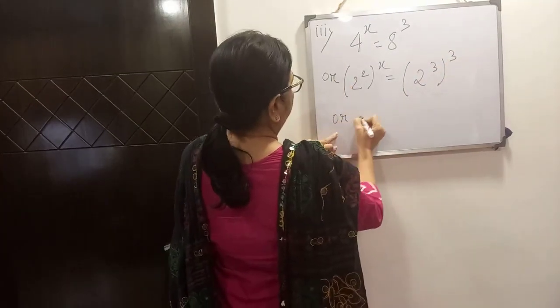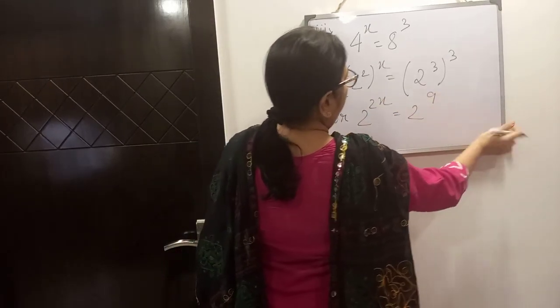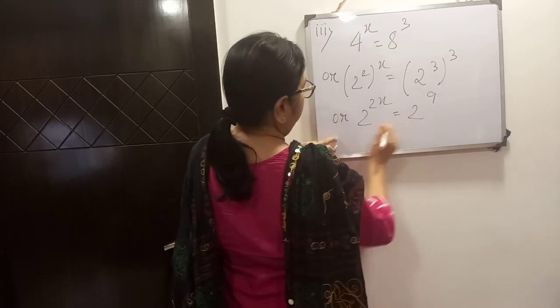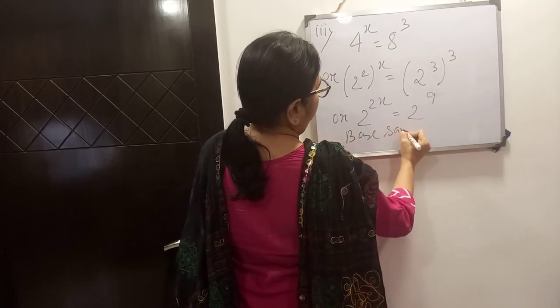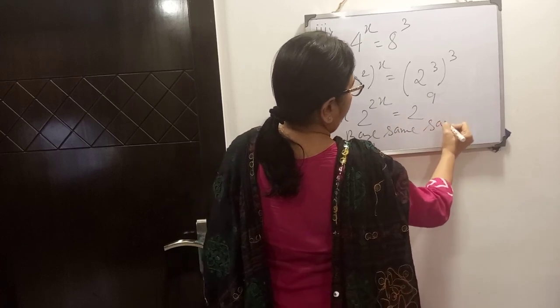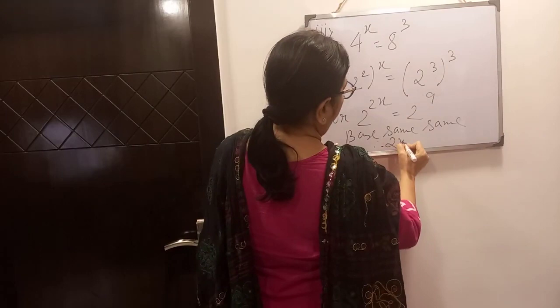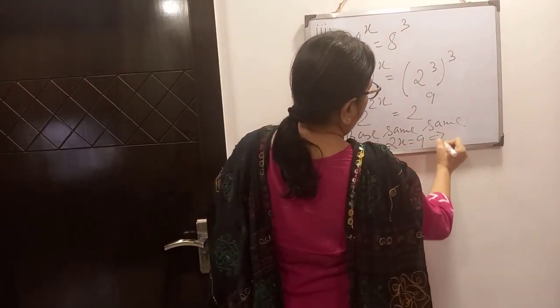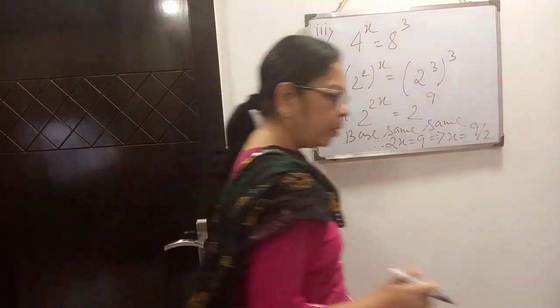Now open the bracket. Now we can write, base same from both sides, base same. Therefore we can equate the power. Therefore we can write 2x equals to 9. That means x equals to 9 by 2.